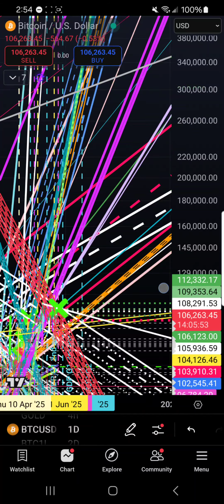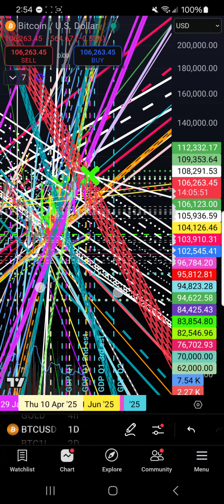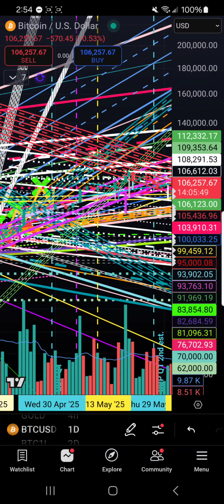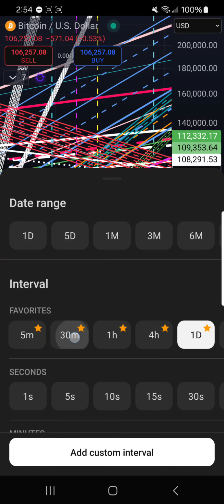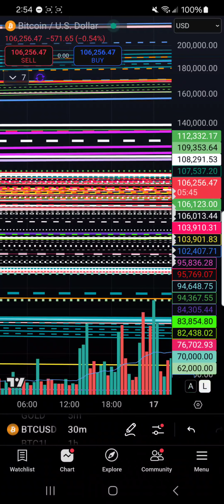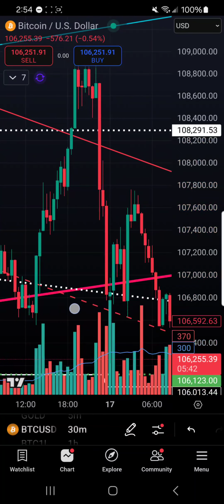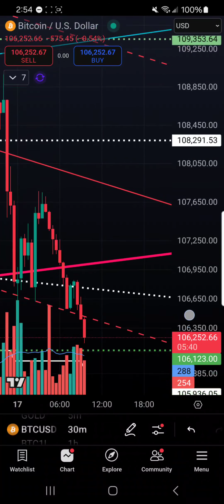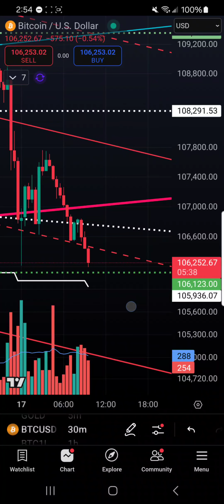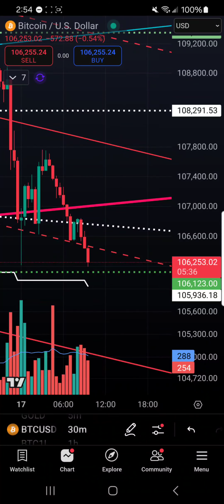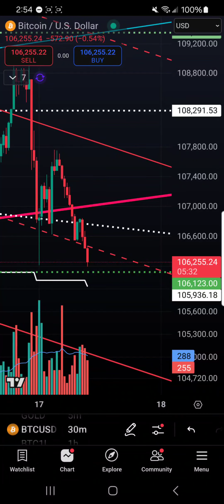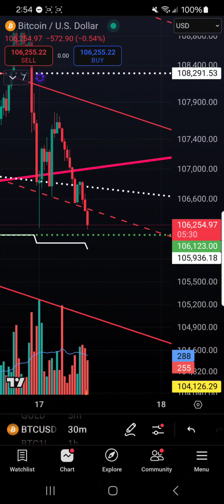And with that, let's see where we're at now. Let's switch to a 30-minute. And then I can make these lines go away when I zoom in. Good, we're going down still. But we're getting close to testing the 20-day moving average. So we'll see what happens there.